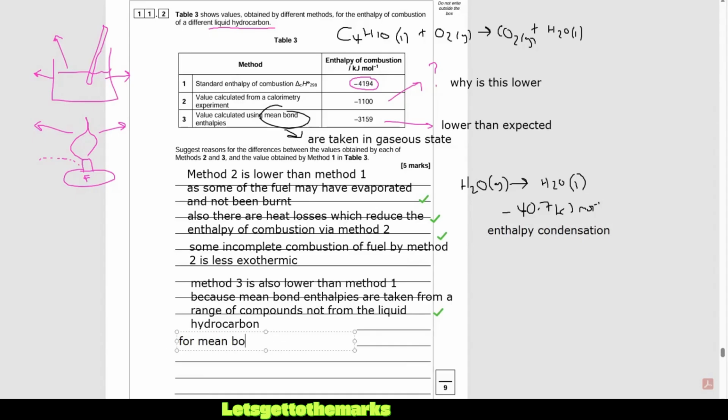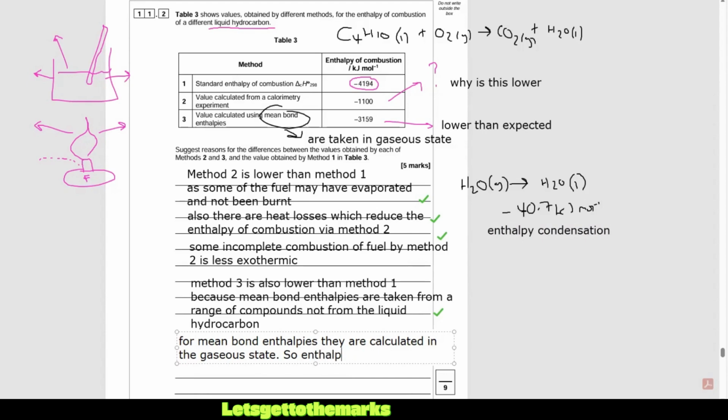For mean bond enthalpies, they are calculated in the gaseous state.